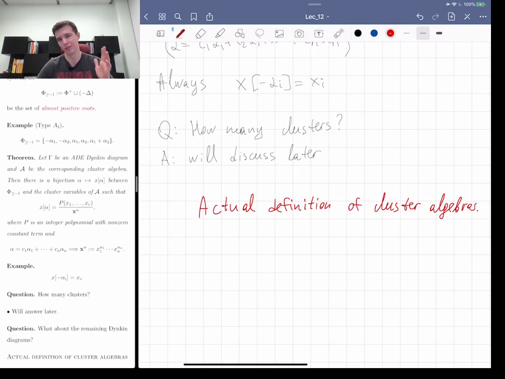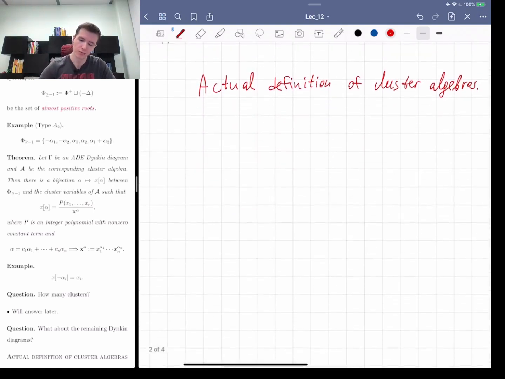But for now, because maybe some of you later want to read some other papers on cluster algebras, many of them start with working not with quivers but with matrices. So I want to explain how to generalize the notion of a cluster algebra to a matrix instead of a quiver. So let me first motivate it by starting with an ice quiver.